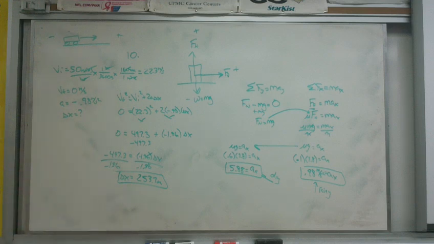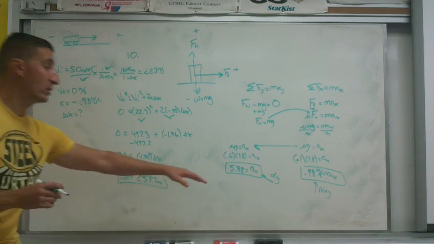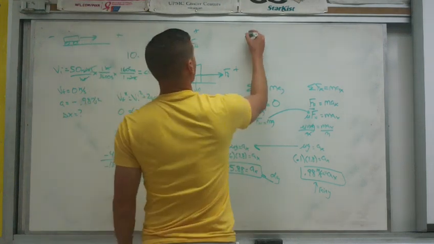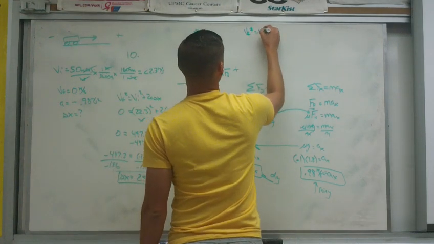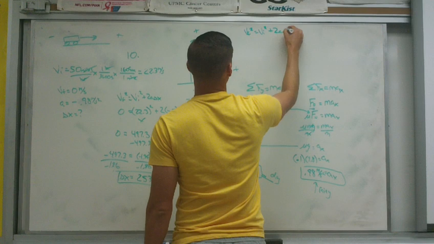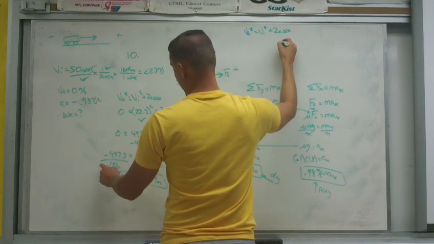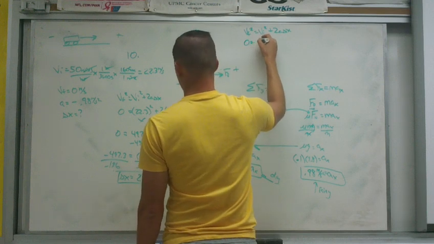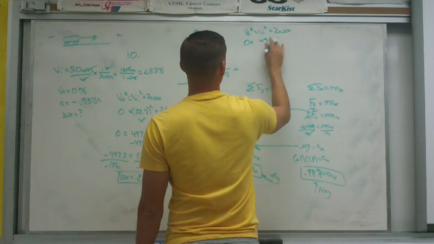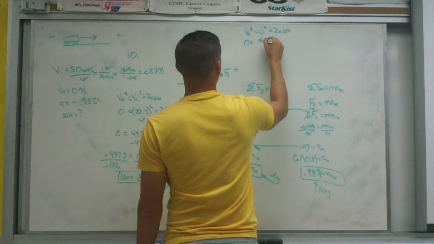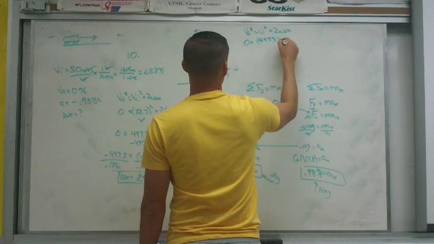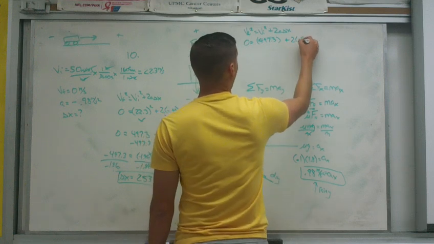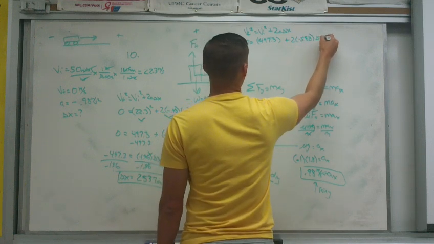So I'm going to use the same exact equation here, but I'm using a different acceleration. Okay, so when I plug in here, I do Vf squared equals Vi squared plus 2a delta x. Vf squared is 0, sorry. Vi squared is 497.3, that's already squared, plus 2 times a, which is now negative 5.88, delta x.